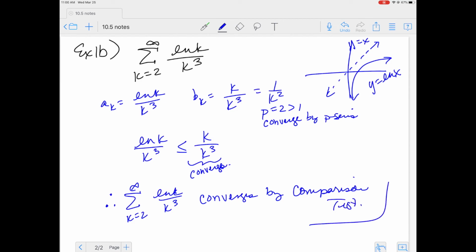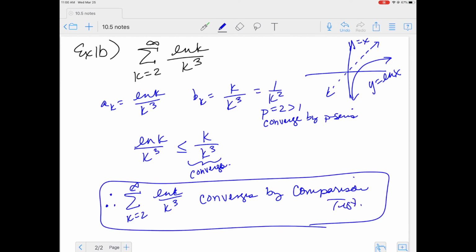Do you see what happened there? So the big deal when it comes to this direct comparison test is you are literally directly comparing these two scenarios, my original series and my created series with lead behavior. Your goal with this is to come up with something that goes with the p-series.